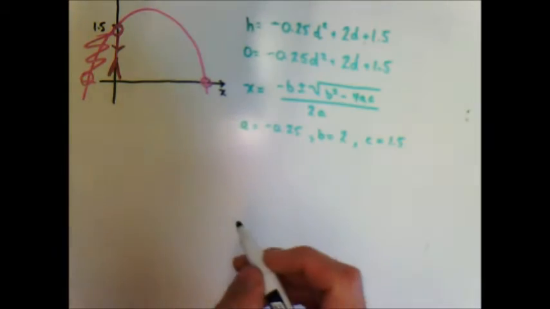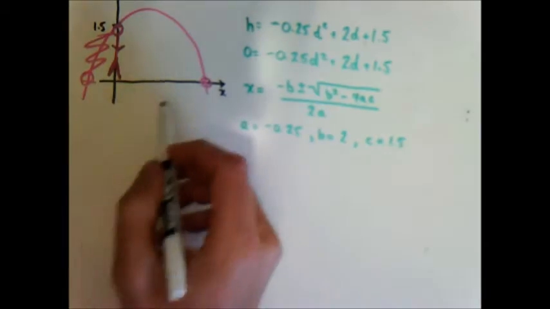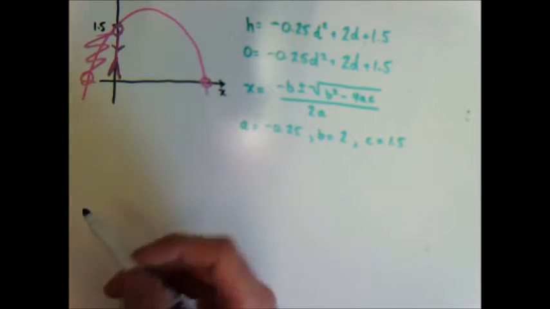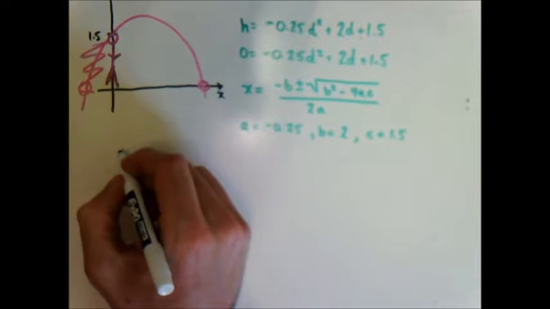So now all I need to do is plug those numbers into the quadratic formula, and I will get my two x-intercepts, one of which will be a real answer, one of which will not be, but we'll talk about that when we get there.